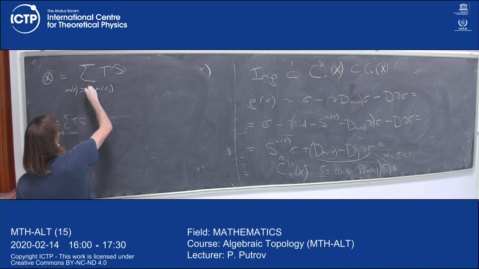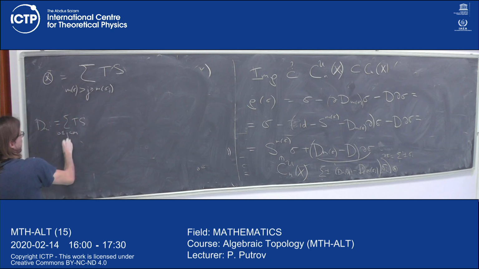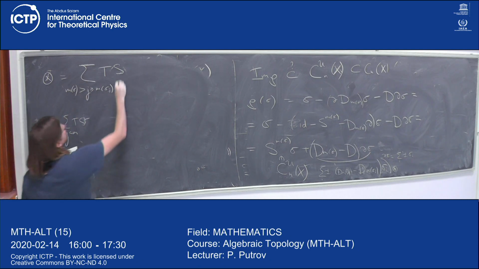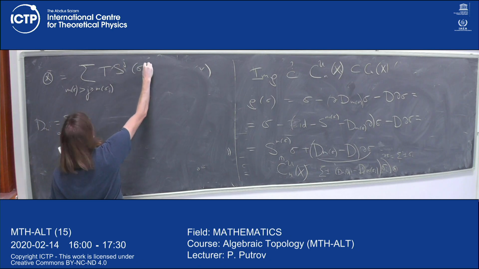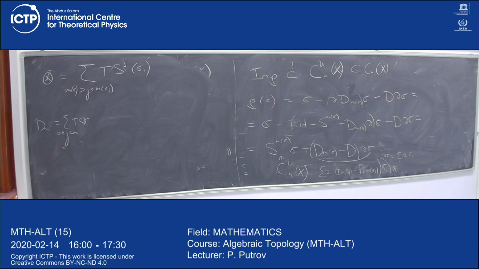Okay, I need to choose a different index here, j. It should be different. Sigma_j, sigma_i.